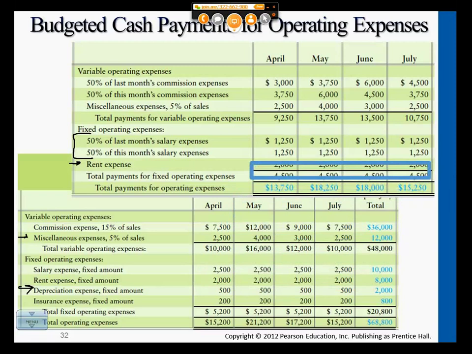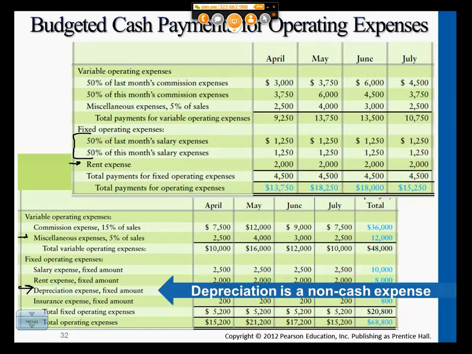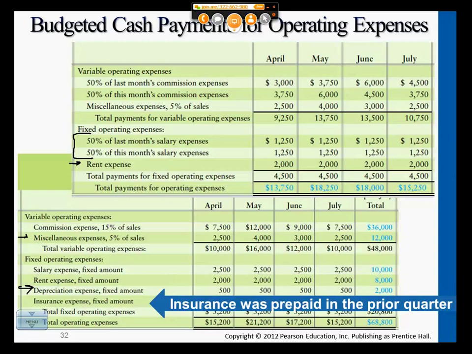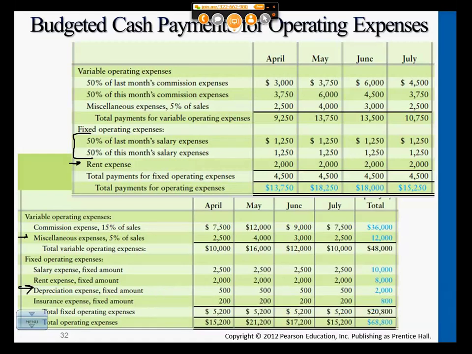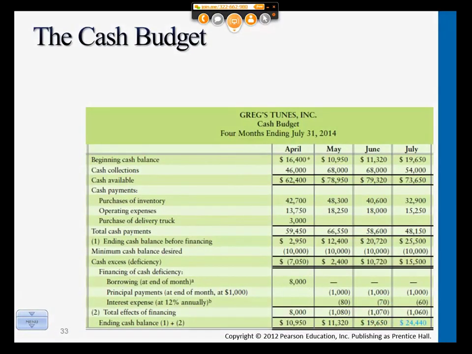So it's not included in your budgeted cash payments for operating expenses. Now the insurance, as I said, is going to be added, and it's prepaid in the prior quarter. Okay, so let's go next. Now this one is a bit more than you would want to see.